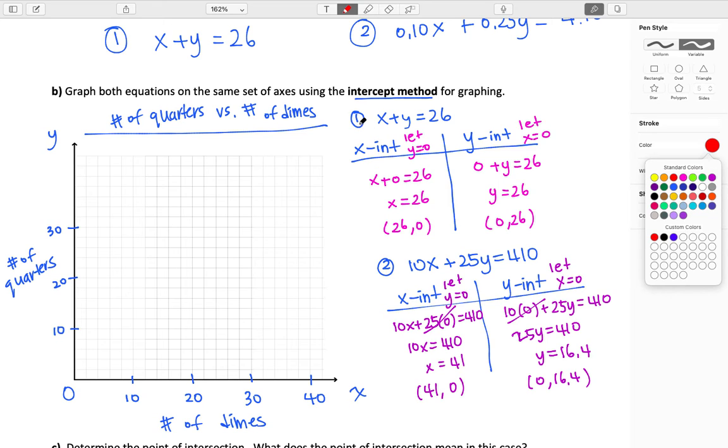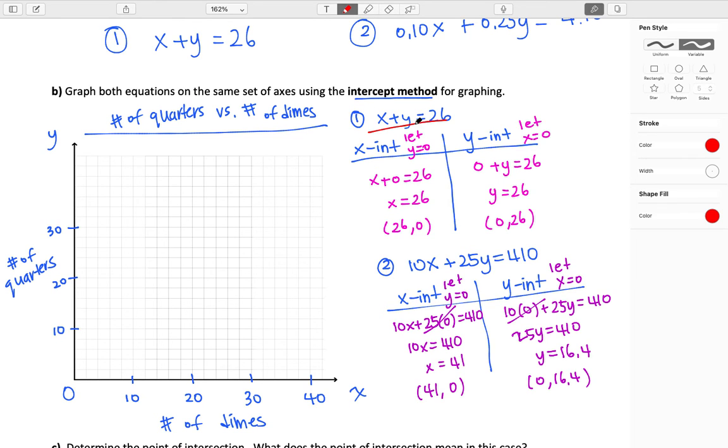For the first equation, x is 26. So each unit is going to be going by 2, because there are 10 units within the 5 spaces. So I did 10 divided by 5 squares.